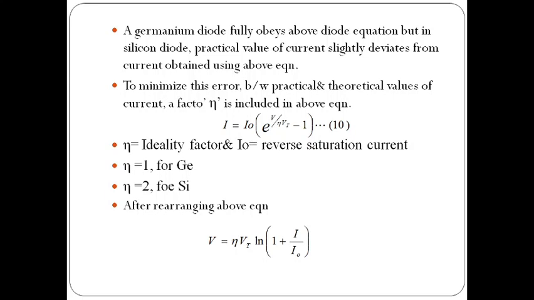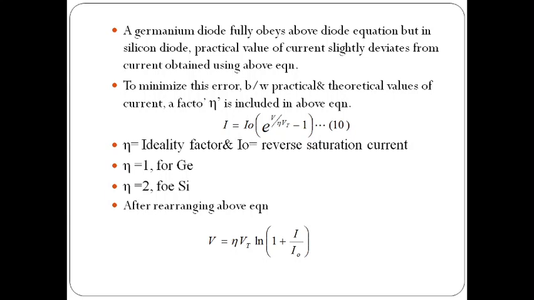So whatever theoretical value, I equals I naught into e power V by Vt minus 1, but here we are including eta as an extra factor. Why are we including it? Because the diode equation we derived is not obeyed by the silicon diode.